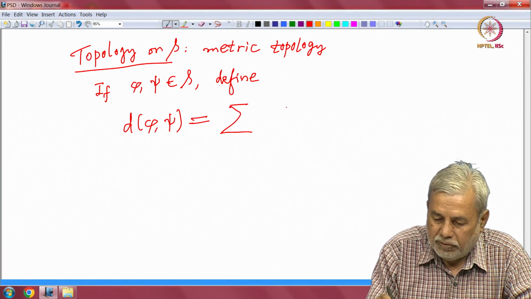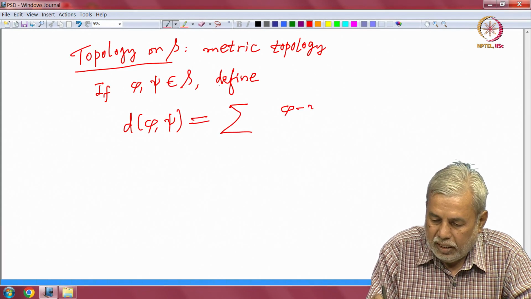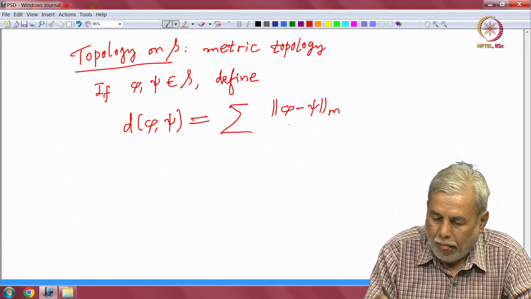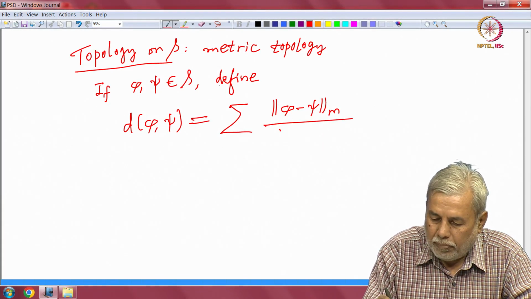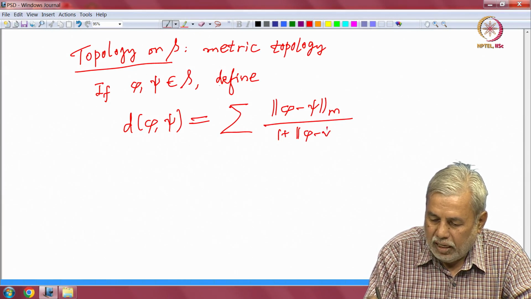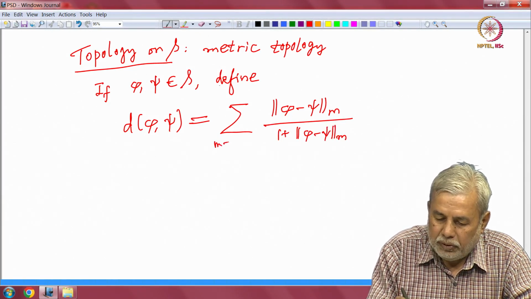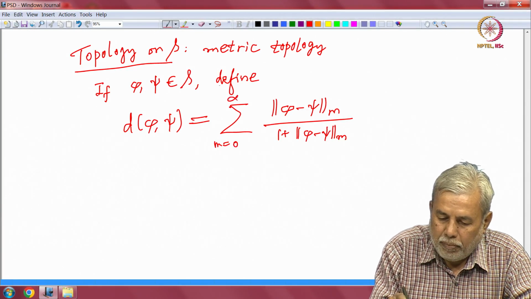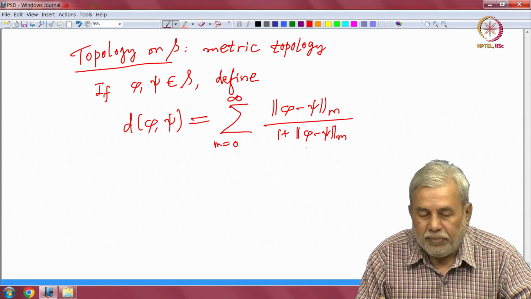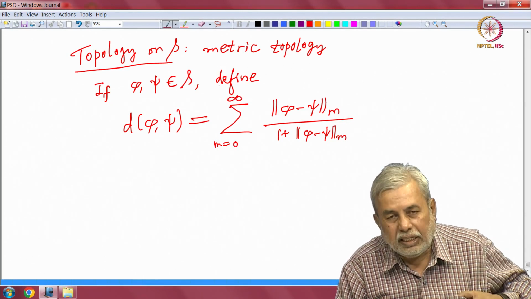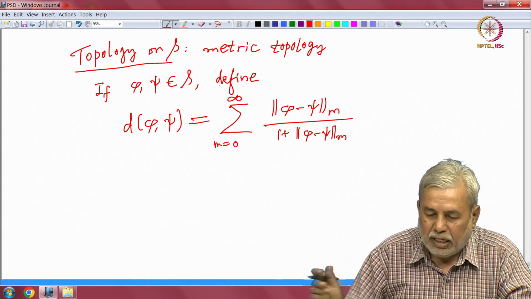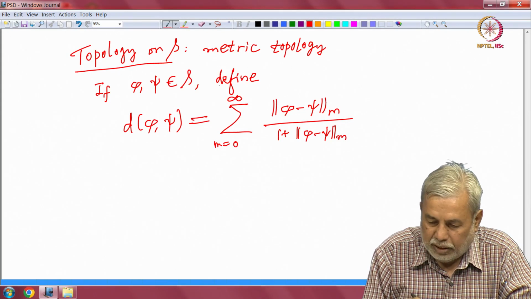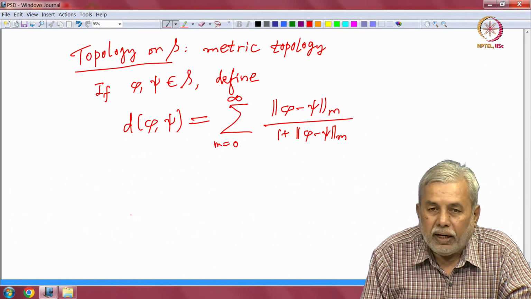Okay, so the norm of phi minus psi in m, over 1 plus the norm of phi minus psi in m, m equal to 0 to infinity. Okay. So, every term in this series is less than or equal to 1, but still it may not converge. So, it is a series of positive real numbers.